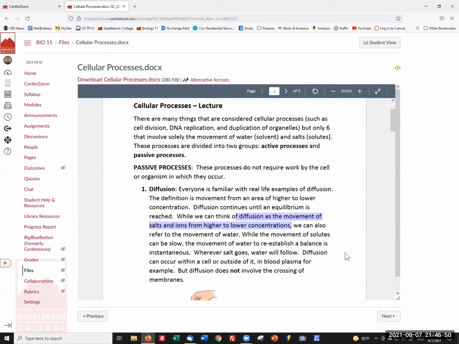Dispersion is another name really for diffusion. How long will it continue to disperse that blue color? Until it's equally distributed. Until it's equal everywhere, until equilibrium has been reached.